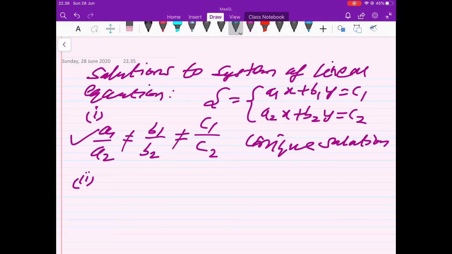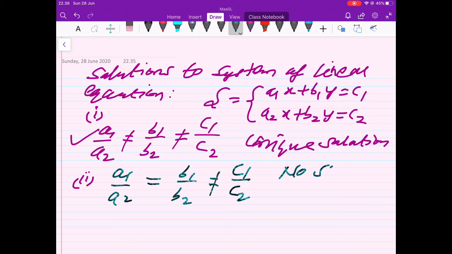If the coefficients a1 by a2, I mean the coefficients of x in the first equation divided by the coefficient of x in the second equation, is equal to the coefficients of y in both equations, and is not equal to the ratio of the constant terms, in that case we will have no solution. I mean the system of linear equations will have no solution, or we'll say that the system is inconsistent.